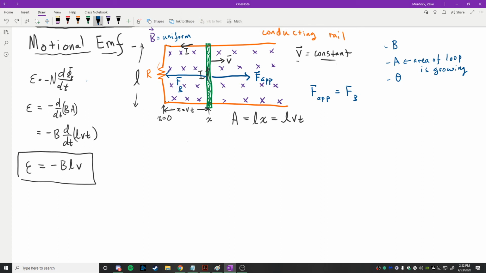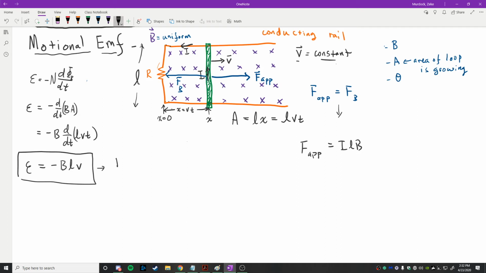Okay, so we know the current flows up. We know the magnetic force goes to the left. We also know how to calculate the magnetic force, right? So if we take this calculation down here, F applied should be equal to the magnetic force, which is equal to I times L times B, right? Well, how do we get I? I is the current flowing through here, and we just found over here that the induced EMF was negative BLV.